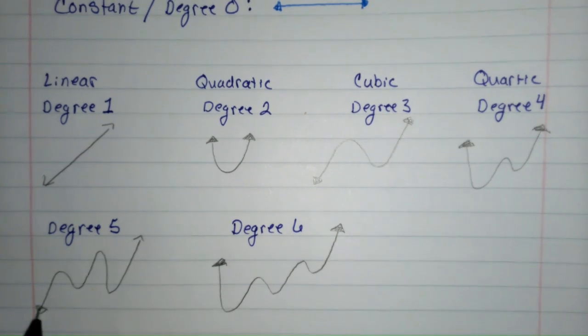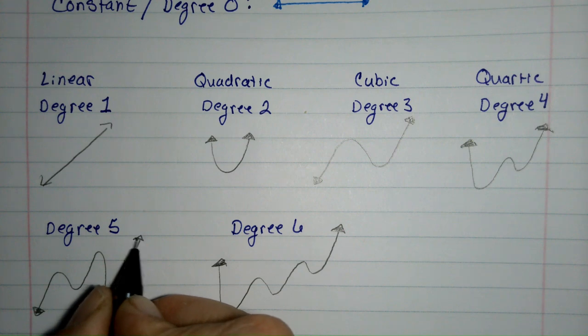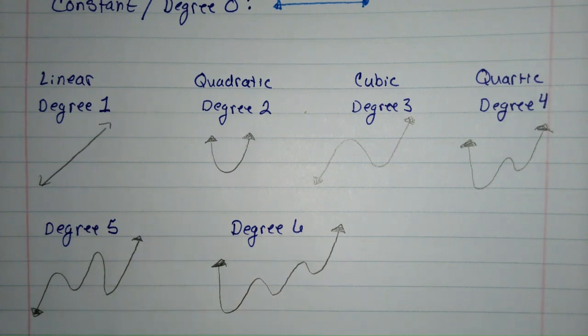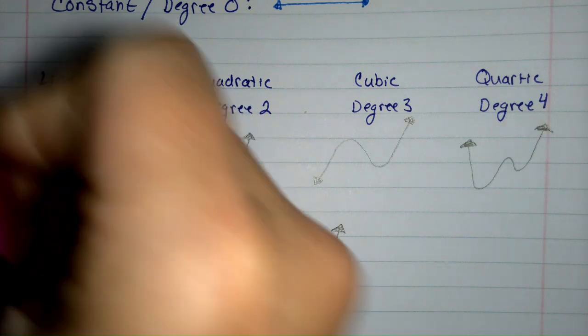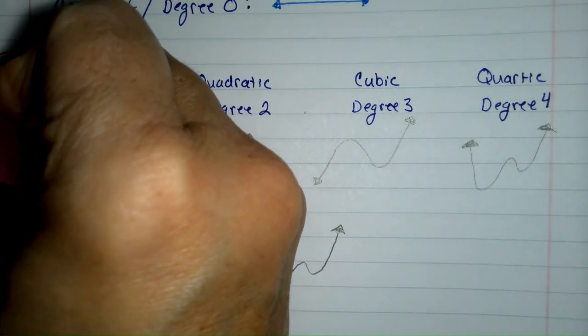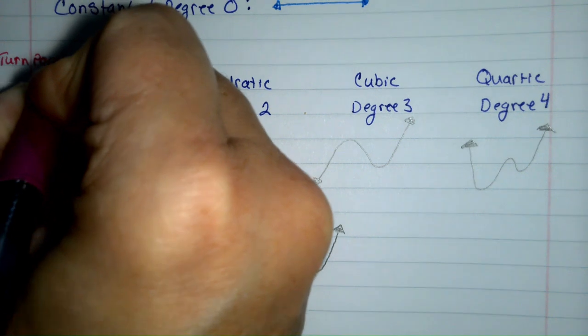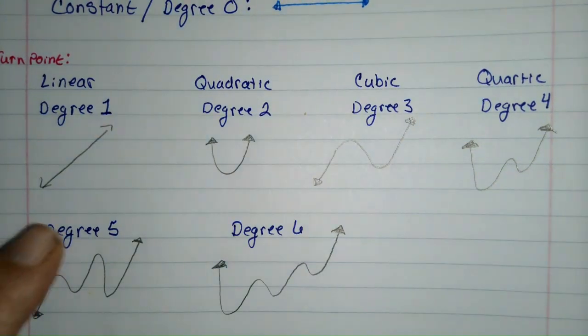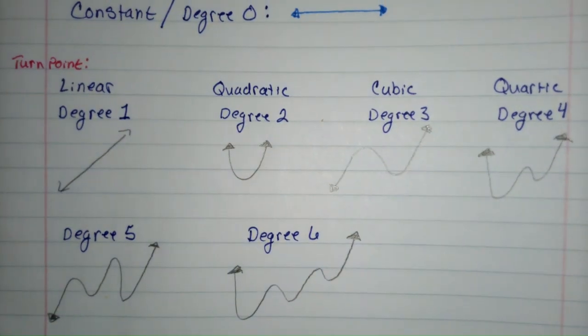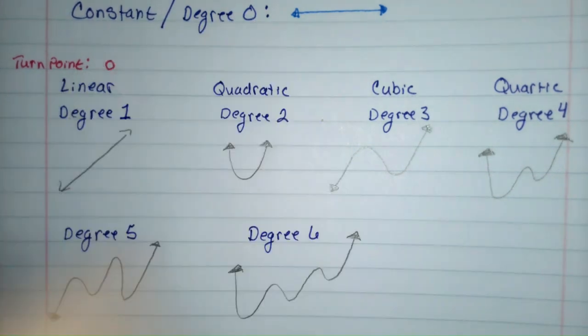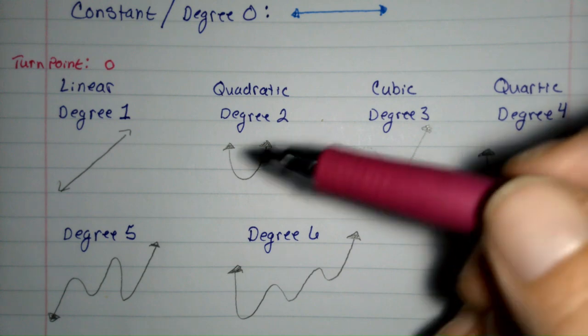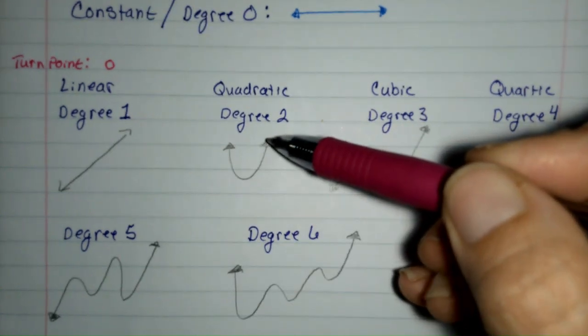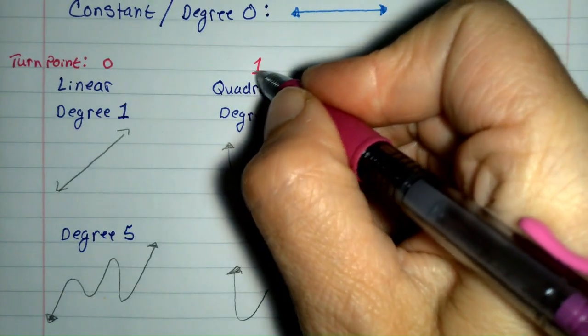So the first thing we're going to talk about is the curves. Curves, also known as turning points. So here, since it's straight, it doesn't have any curves, so the turning points is 0. Here we just come down, we turn, and we come back up, so it has 1 turning point.